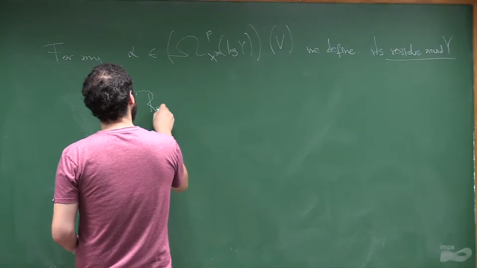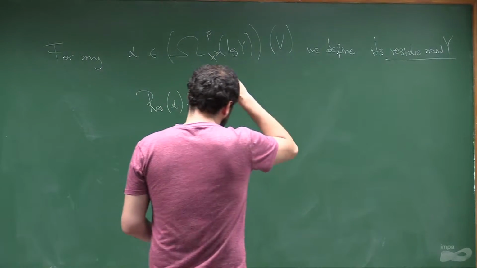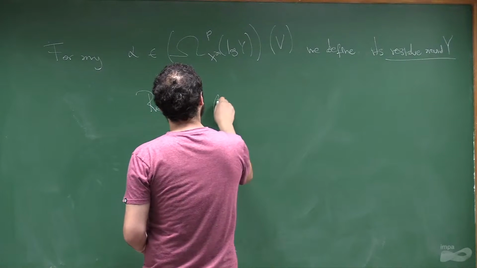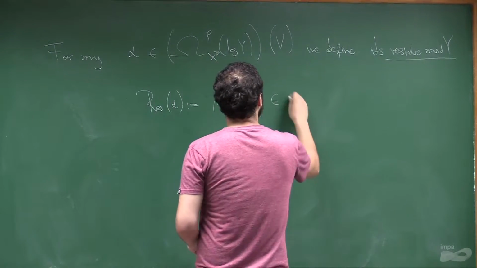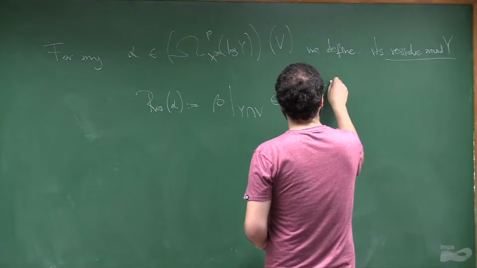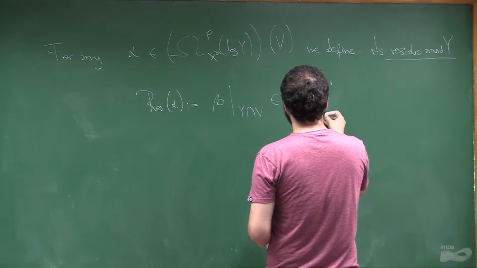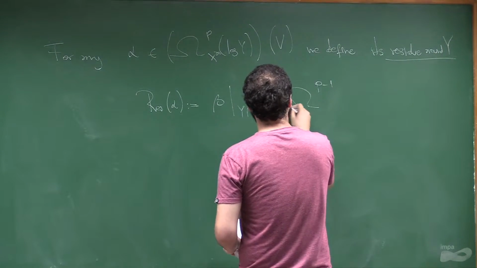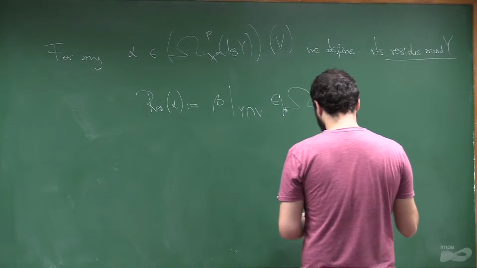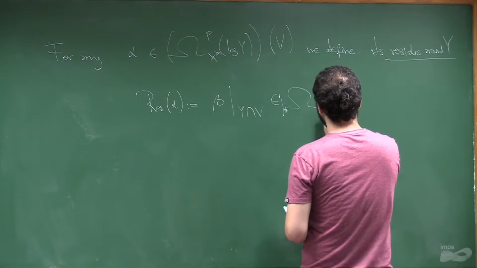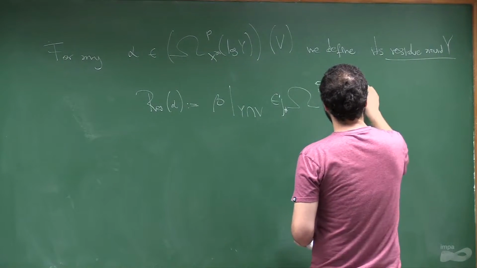So the residue of alpha is by definition a form beta restricted to Y intersect B. That will be a (p minus 1)-form. So I will denote it like this: j star Omega_X over Y and in the open set B.